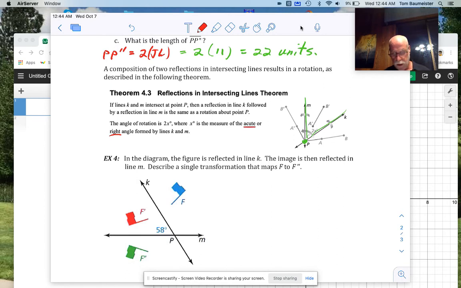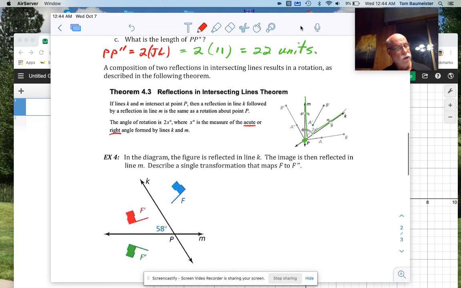All right, so it says it is reflected in line K. That was one of the things they just told us above. And then it's followed by a reflection in line M. All right, again, they're not always going to be K and M, but what we have to remember is that they make a point here. All right, so those two lines intersect at a point.